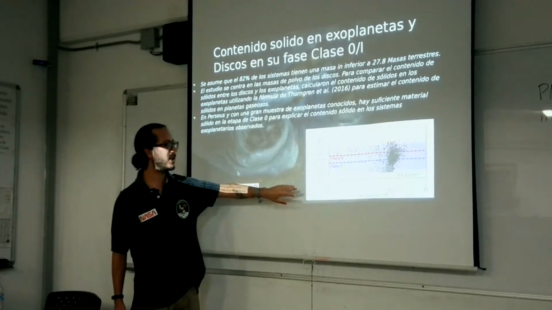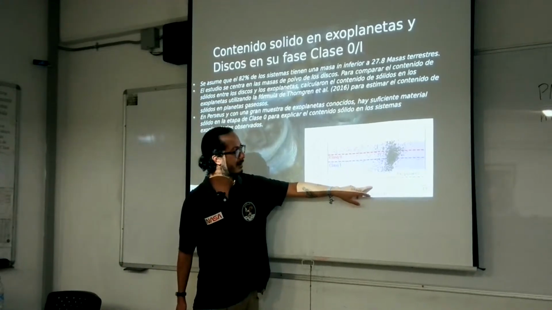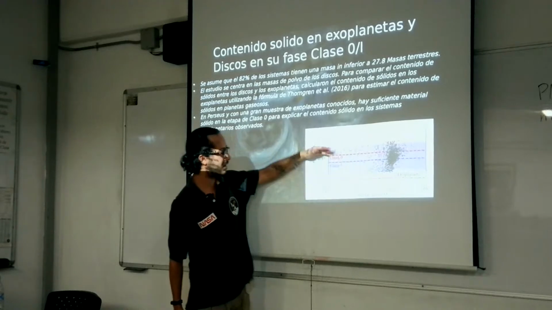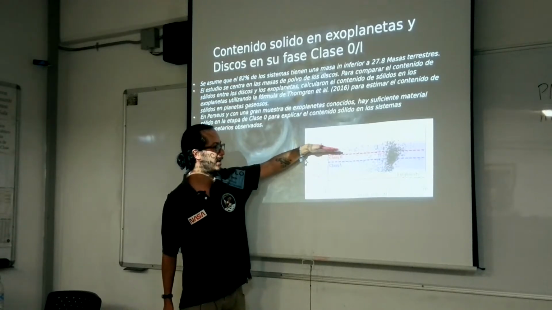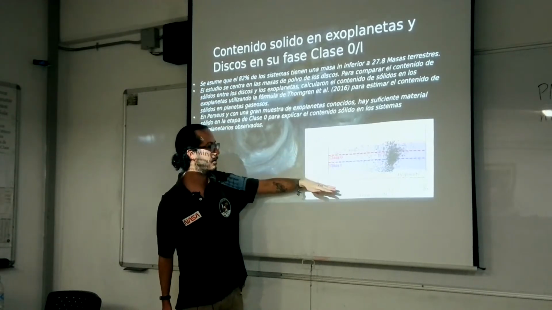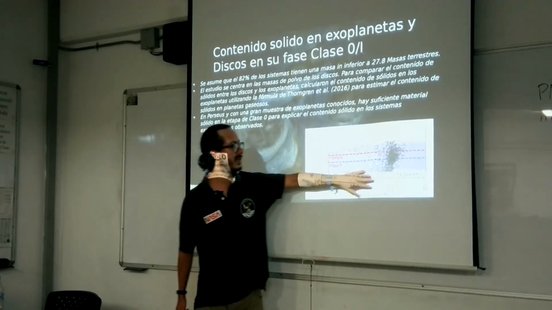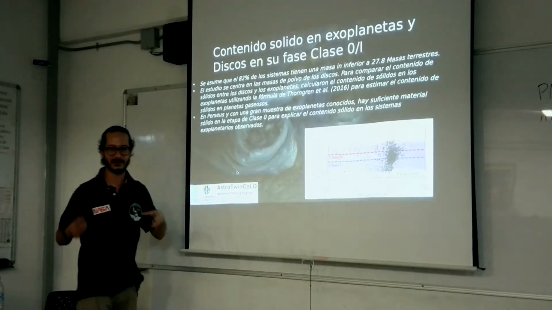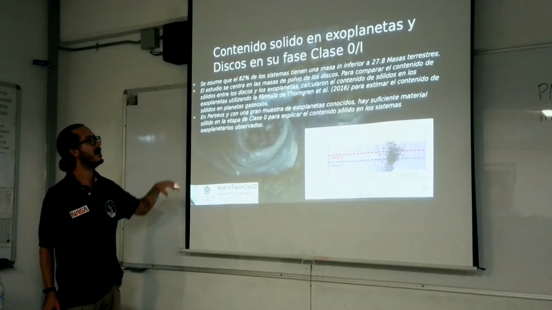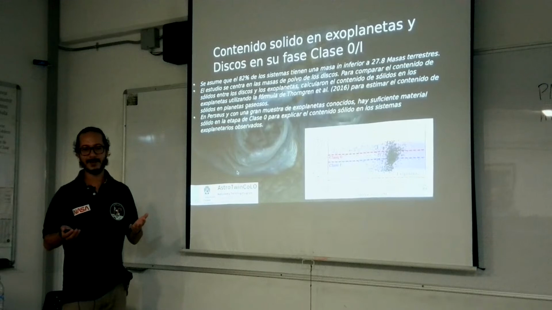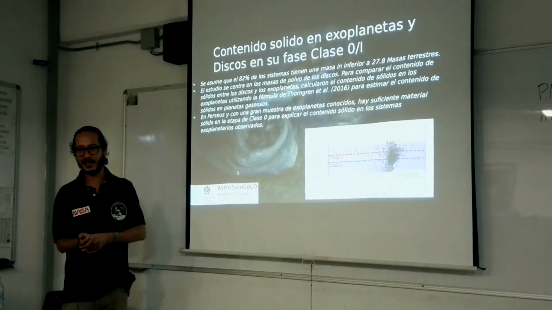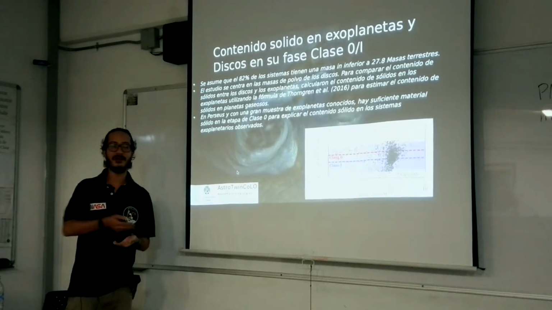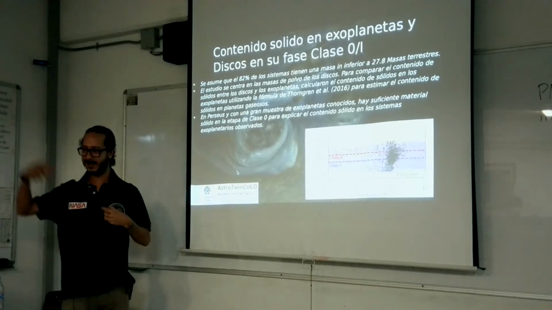These graphics show us how are the exoplanets. This is the top of the class 0, class 1 masses, and here are the masses of the exoplanets and the population or system of exoplanets that we found, and they can correlate that indeed planet formation starts in the early stage, not in class 2 as we thought in the past.